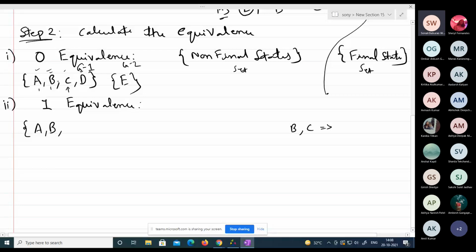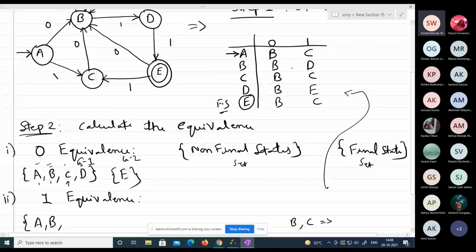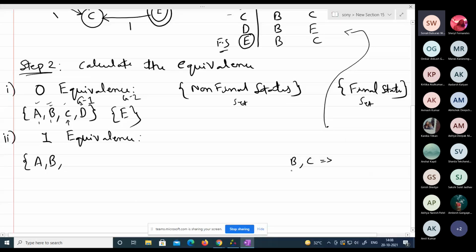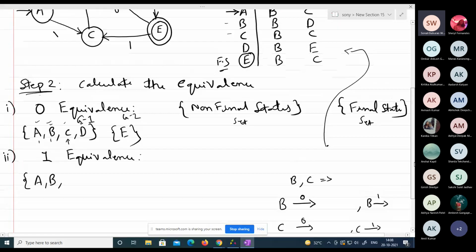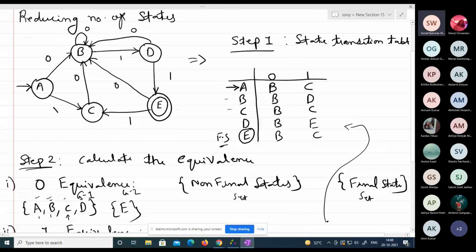Okay. Now for BC, we have to compute the values for B and C. Just write it down. B gives 0 to which state and B gives 1 to which state? Similarly, C gives 0 to which state and C gives 1 to which state? You have to write. B gives 0 to B, right?